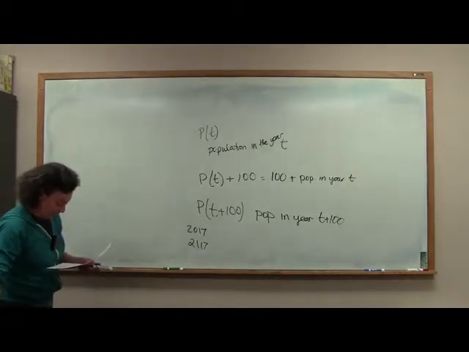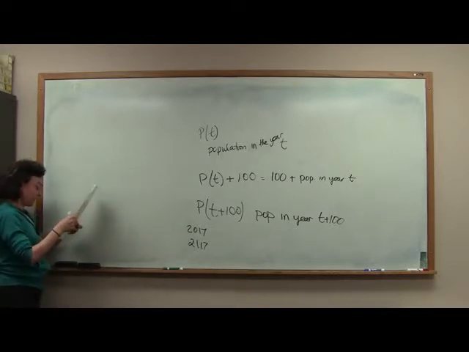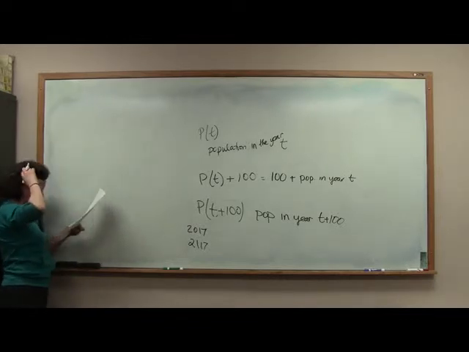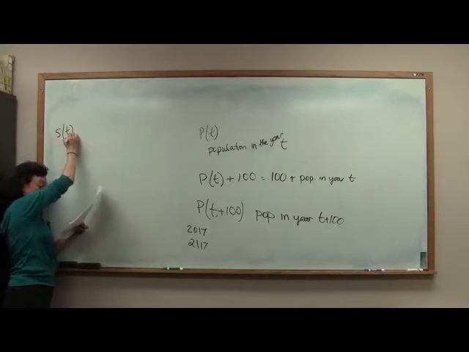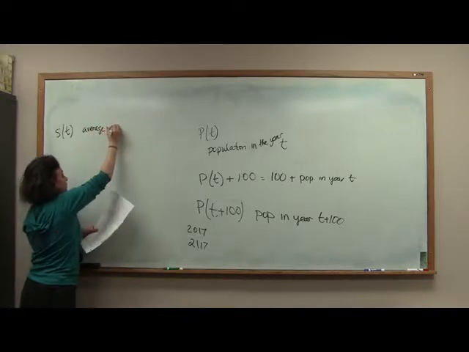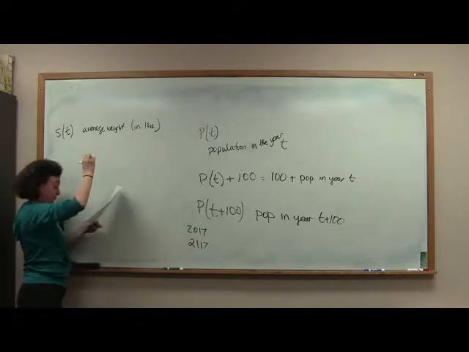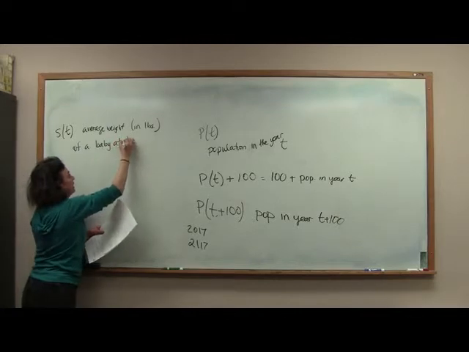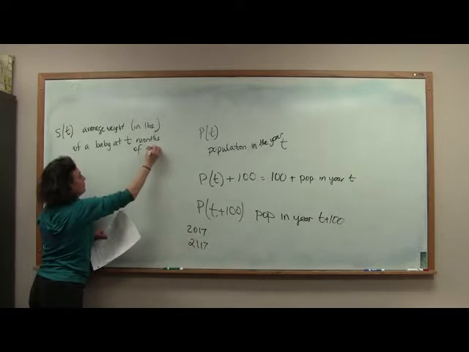Another example that I would like to do is as follows. For the next 2 questions, we'll keep this consistent. S of t is going to denote the average weight, and we'll talk in pounds, of a baby at t months of age.